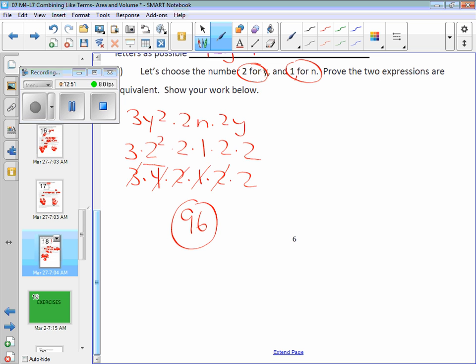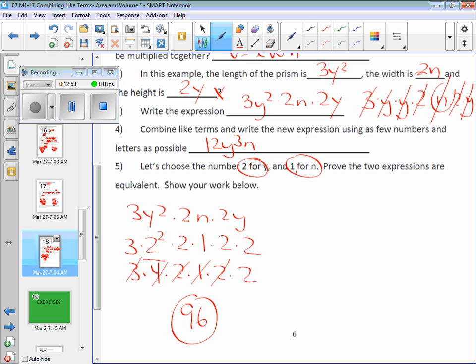What should we get for 12y cubed n? What should we get? 96. 12 times, what's the value given for y? 2 to the third power times what's the value for n? Thank God it's 1. What do you do first? 2 cubed.